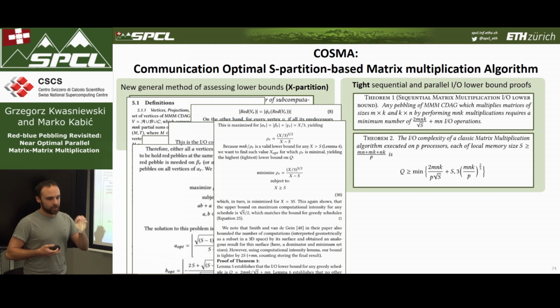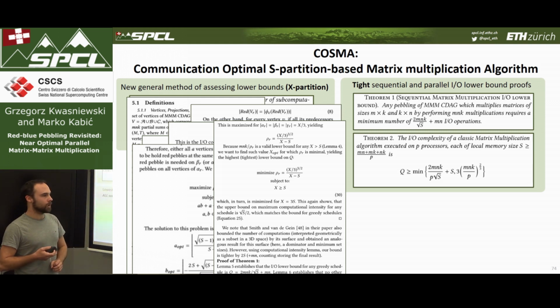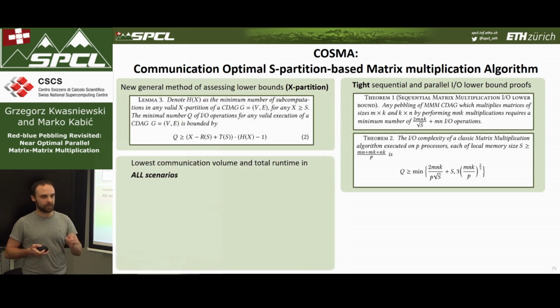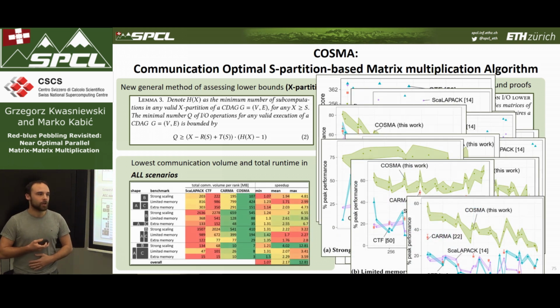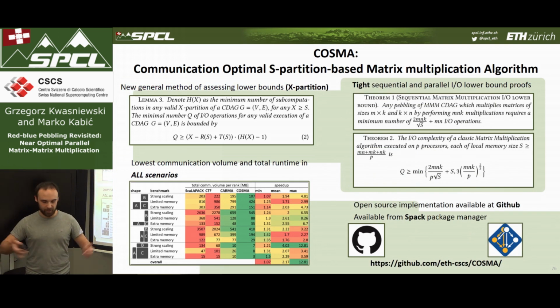We showed that in practice, COSMA communicates the least and is the fastest in all scenarios. And finally, COSMA is open source on GitHub and is Spack installable, so you can get your GPU-accelerated COSMA today and transparently use it with your ScaLAPACK application. Thank you very much for your attention.